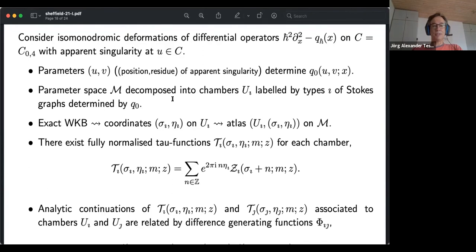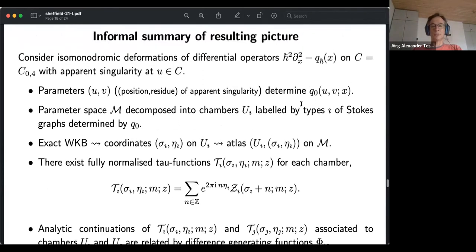The point then being that, of course, Q_0 was determining the Stokes graphs, right? So the game we're now playing is that our parameter space, which is the space of all the parameters in this differential operator, we now want to decompose into chambers, which are labeled by the types of the Stokes graphs.